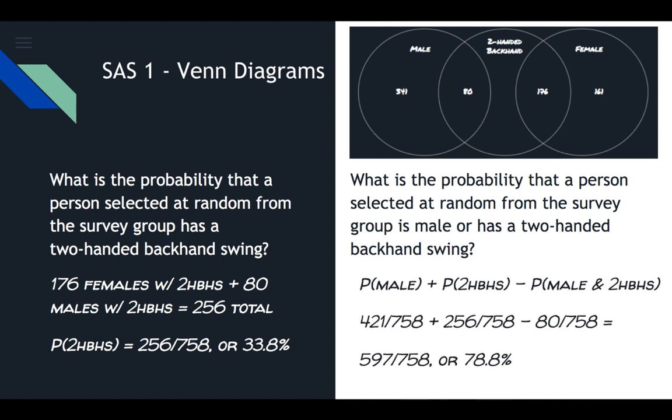And that's exactly what I have here. 421 plus 256 minus 80. Oh, I see that. I've done something incorrect on here. I believe I subtract the 80 from the male with the two-handed backhand swing. Oh, okay, I get it. So anyway, I think that may be incorrect. I'm going to go back and look at it.